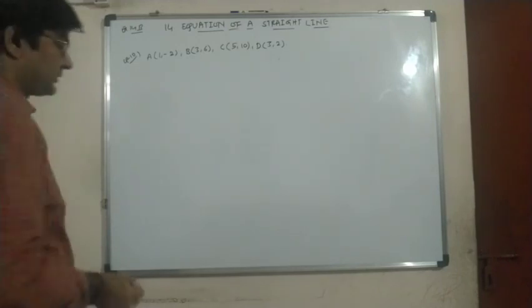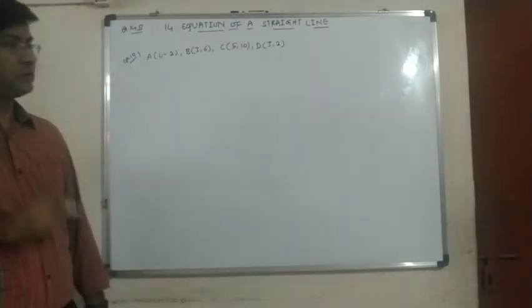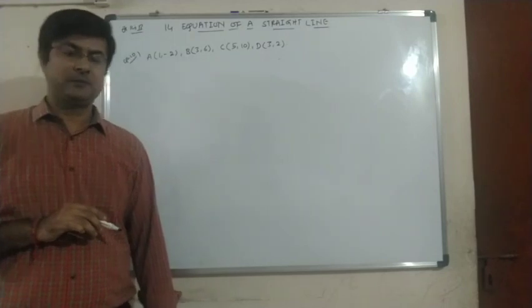Okay, the 4 vertices are given. We have to show that these are the vertices of parallelogram ABCD.